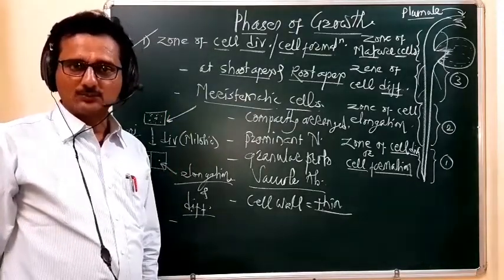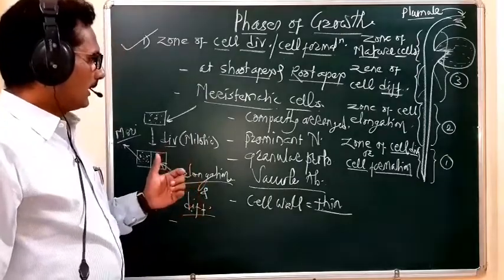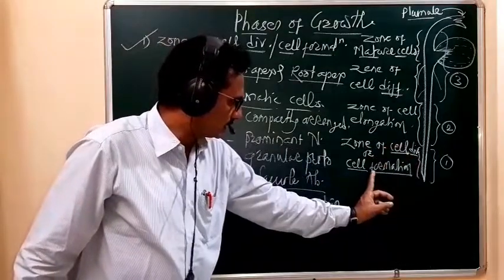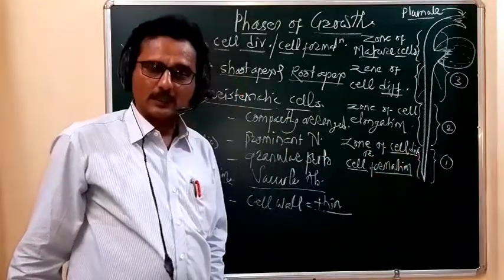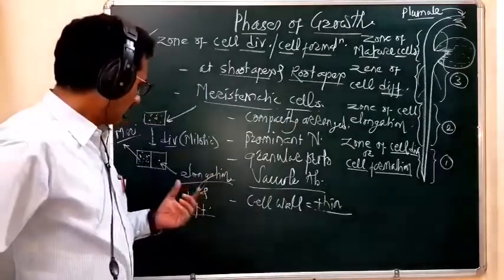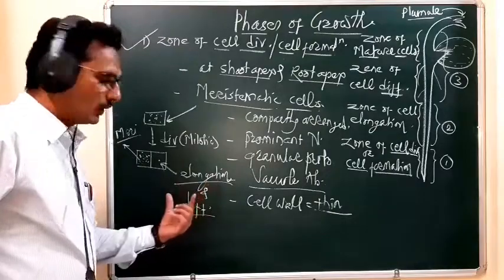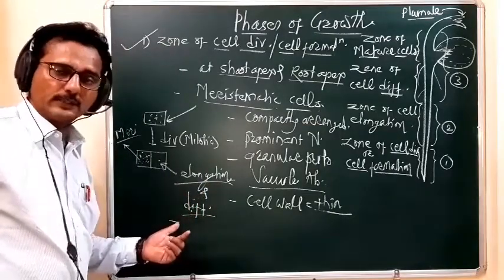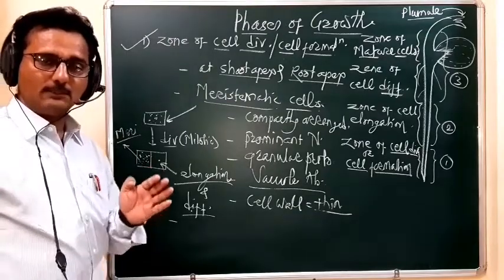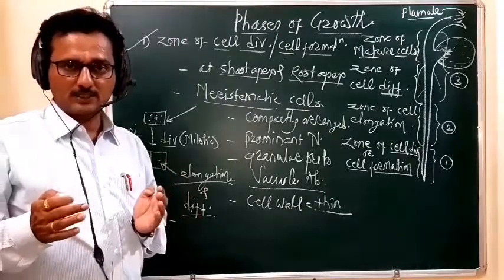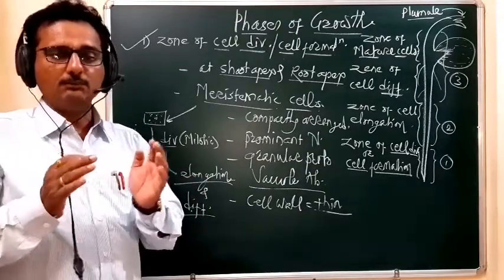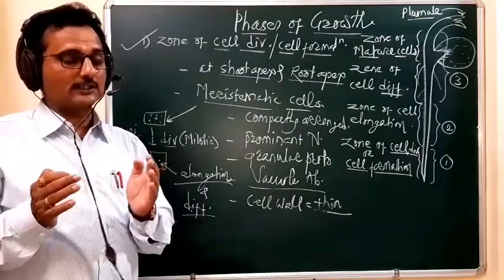I will give you the reason. At the zone of cell division or cell formation, there is continuous cell division, followed by elongation of the formed cell, and then differentiation of the formed cell. So for this, maximum time is required, but only very minimum growth is seen compared to the time requirement.